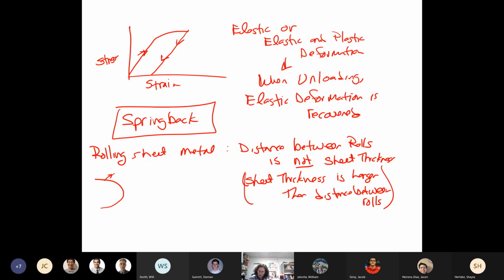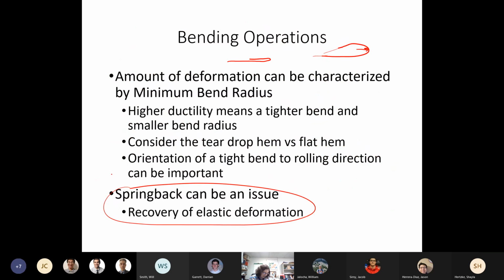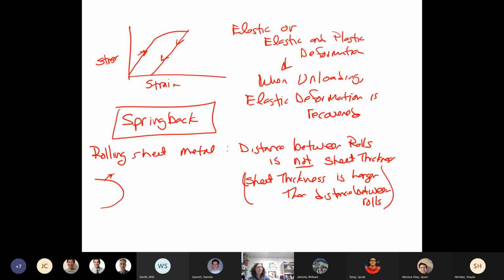But it's important to realize that in sheet metal there is this recovery of elastic deformation. Sometimes we just overbend, so we bend more. There are also things you can do in terms of balancing the elastic and the plastic deformation.